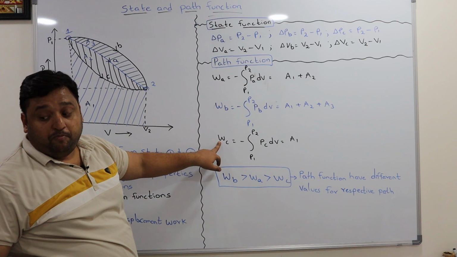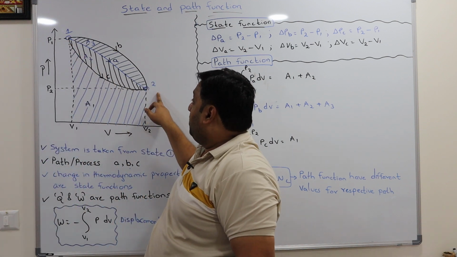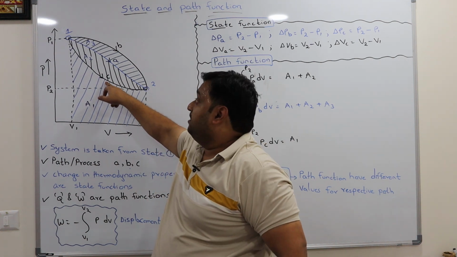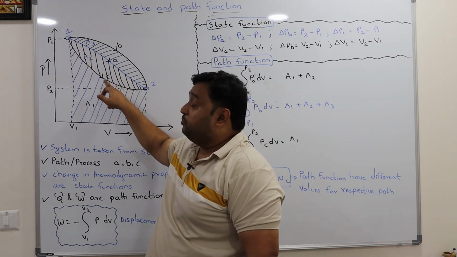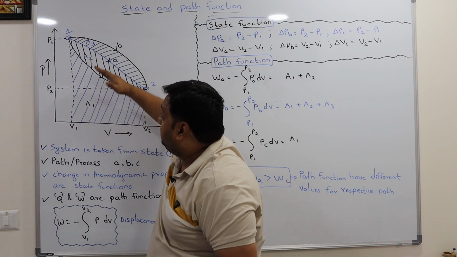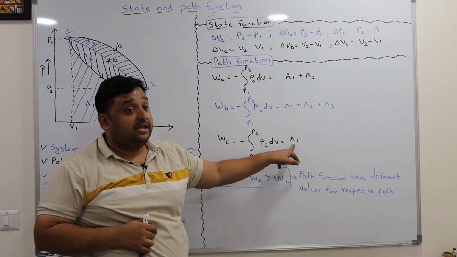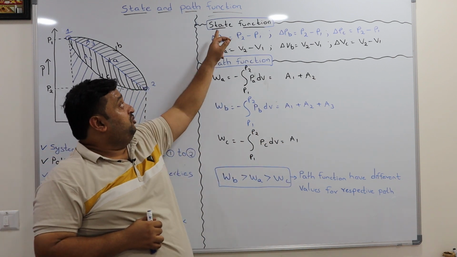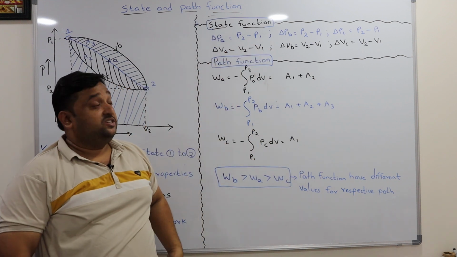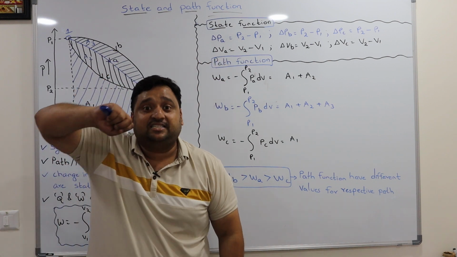Work requirement through path C: if the system has gone from state 1 to state 2 through path C, the work requirement is only A1, because only one area is available under the curve. Now you can see that when you talk about state functions, the value is the same. When you talk about path functions, the value depends on the route taken.